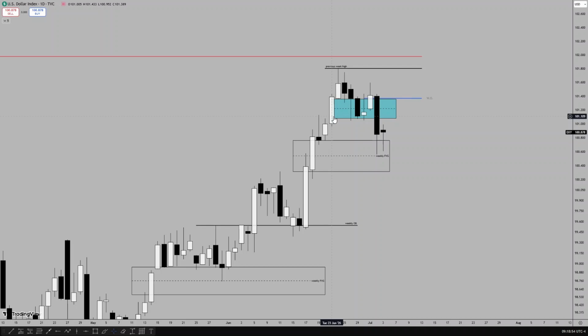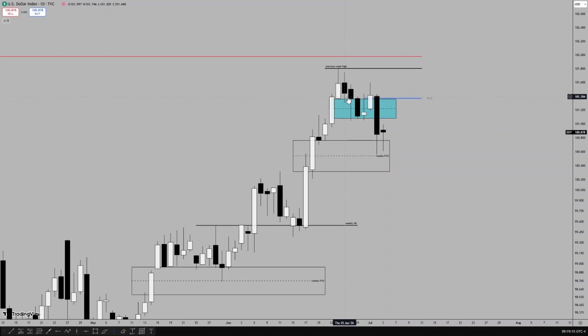Now, if you have watched the previous lecture, you know that I talked about price trading through this daily fair value gap. I told you guys that if I were anticipating higher prices to trade to the weekly high, saying that Friday traded through the daily fair value gap makes it a low probability fair value gap.